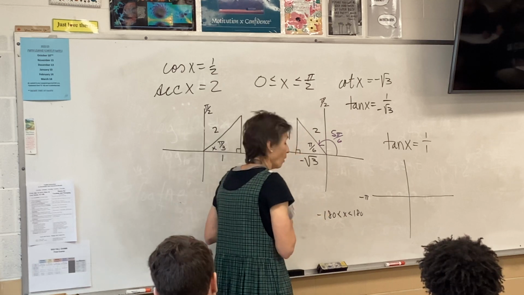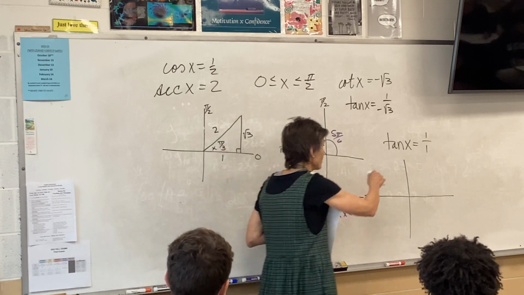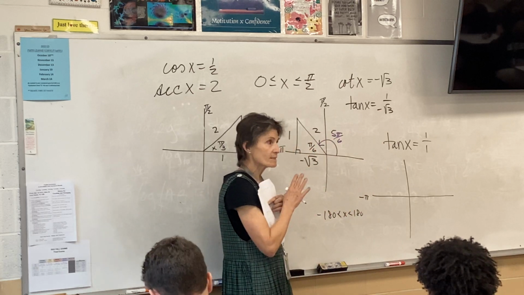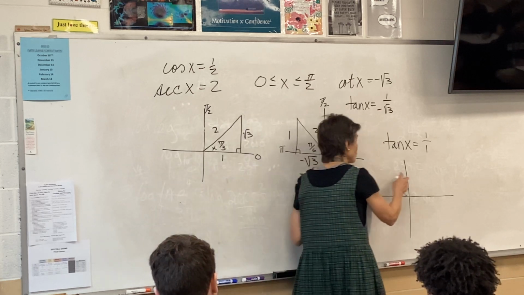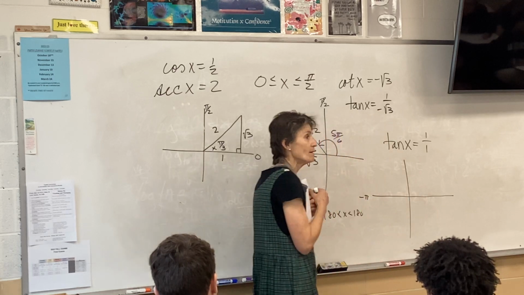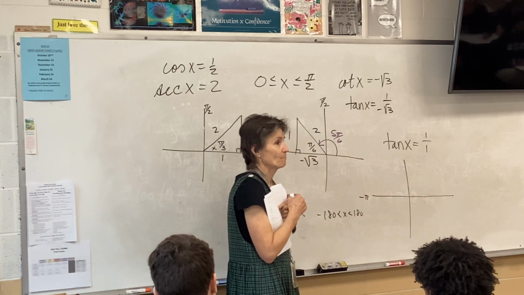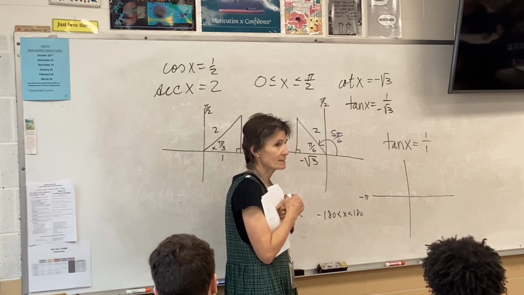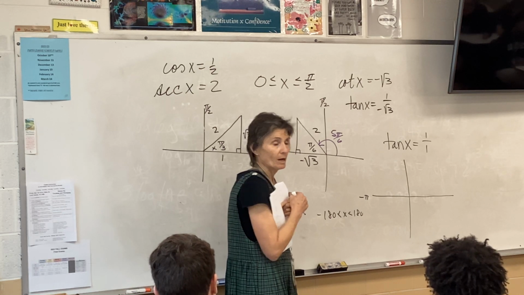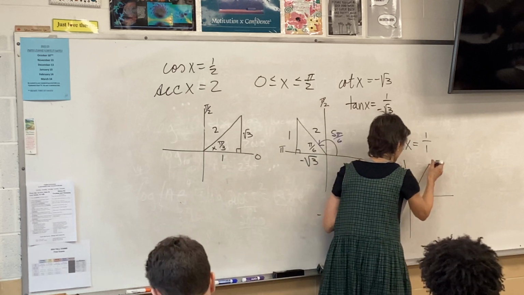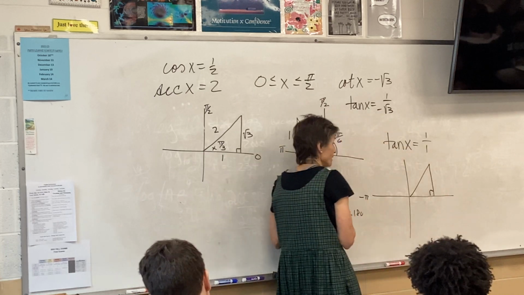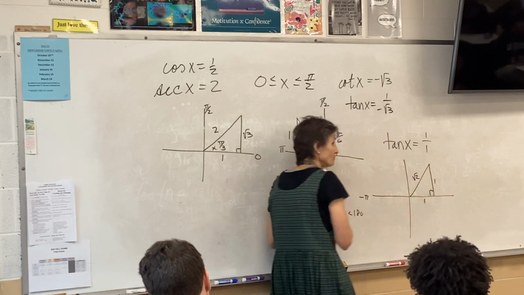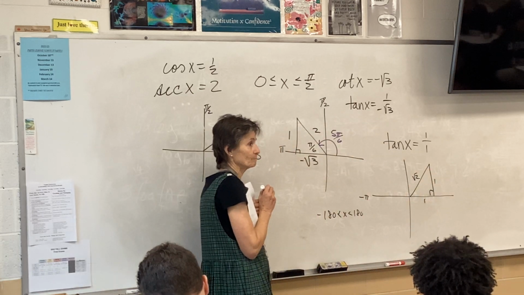So I'm gonna look all the way around, but I know the tangent is a positive 1. So there are some places, even though I could be looking all the way around, there are some places I won't look. Where will I look if the tangent is a positive number? Quadrant 1 for sure, because tangent there is positive. Where else might I look?